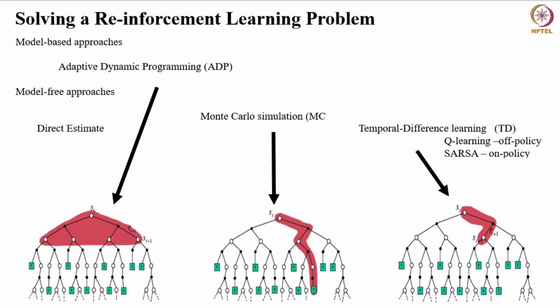So, as you can see on the pictures here, you can get a flavor for a very rough difference. Adaptive dynamic programming, as it is model-based, falls back onto building a complete model and then applying dynamic programming.